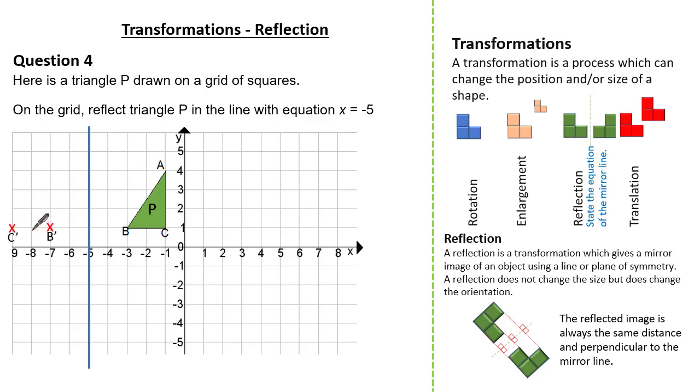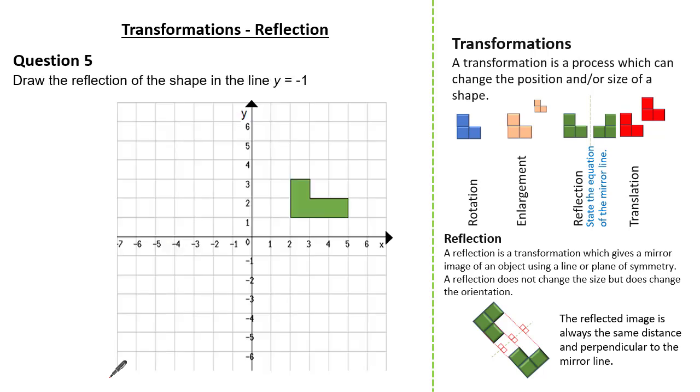So therefore C' is 4 squares away. A is 1, 2, 3, 4 squares away perpendicular from our mirror line, so therefore A' is 4 squares away perpendicular from our mirror line. We can then identify our reflected triangle P in the line of equation x equals -5.